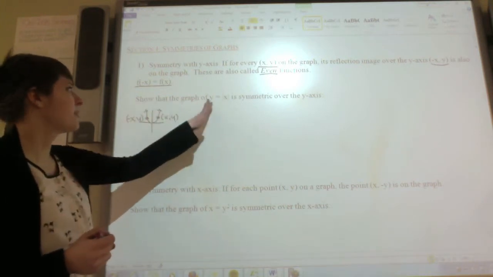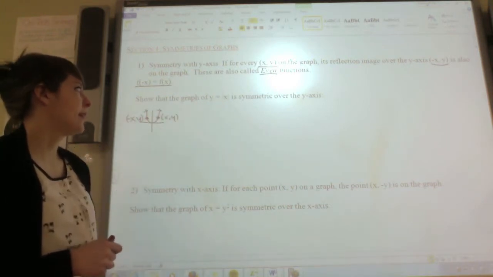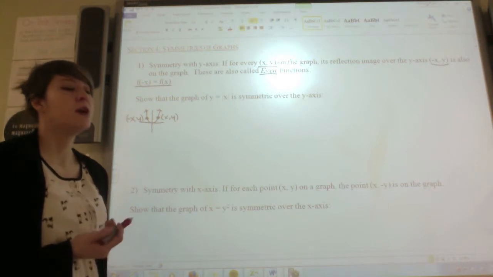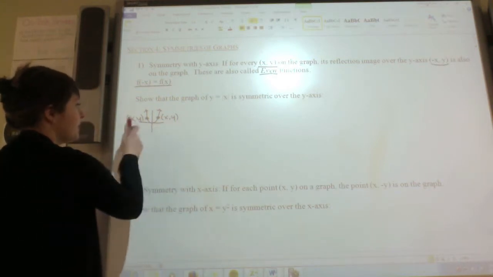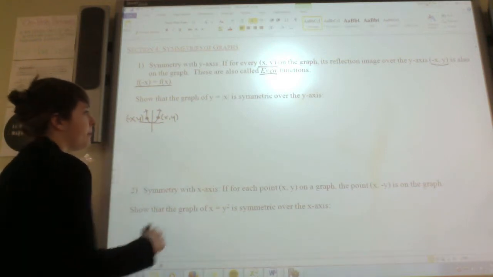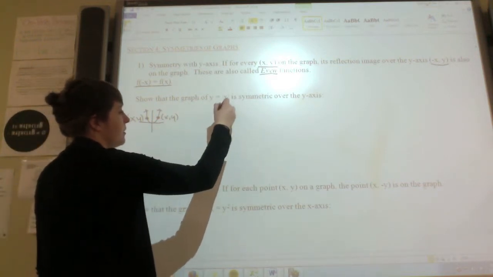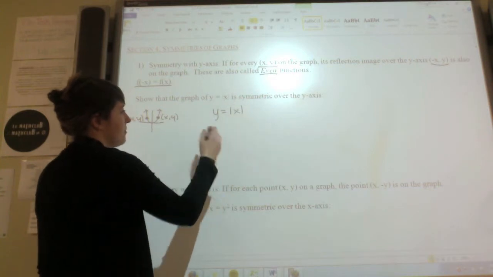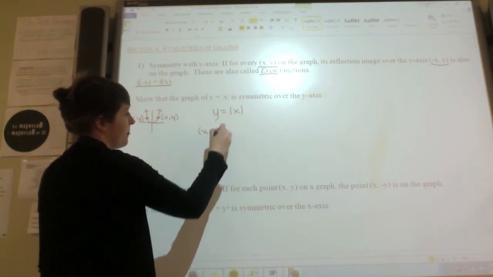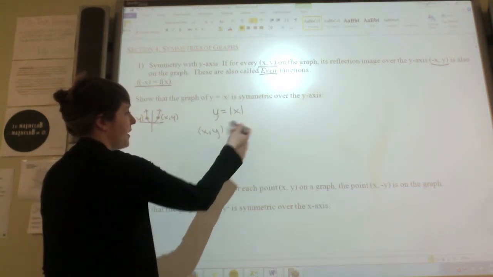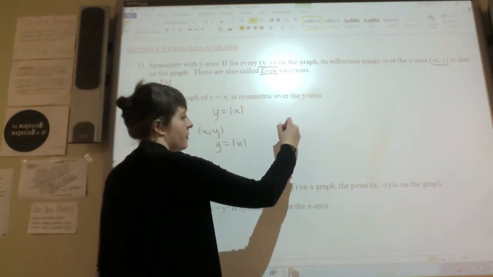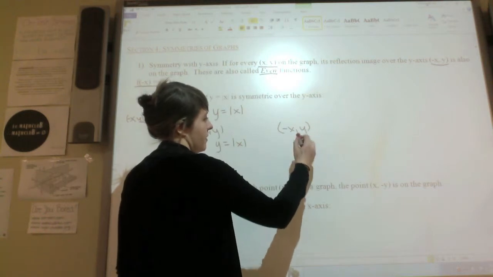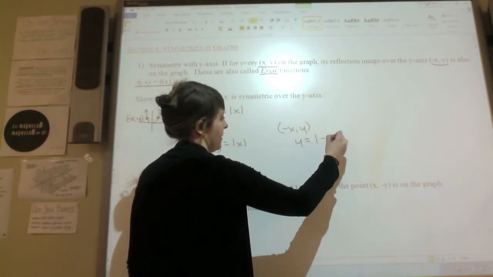If I want to show that the graph of y equals the absolute value of x is symmetric over the y-axis, what I need to do is a proof. And I'm going to prove it by showing that these 2 points are both on the line. So I'm going to start by plugging in the point x, y. Well, if I plug in the point x, y, I just get y equals the absolute value of x. If I plug in the point negative x, y, I get y equals the absolute value of negative x.